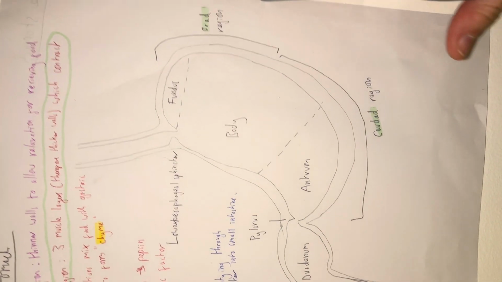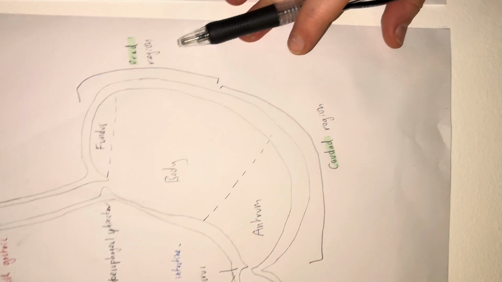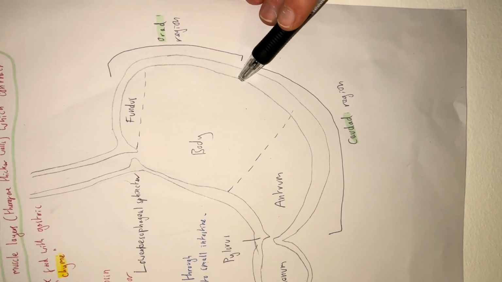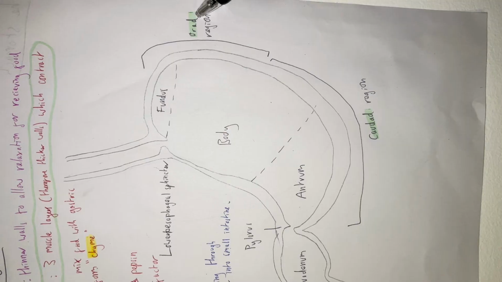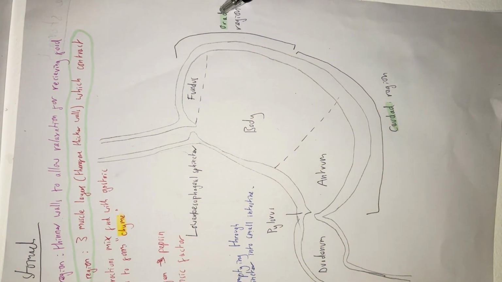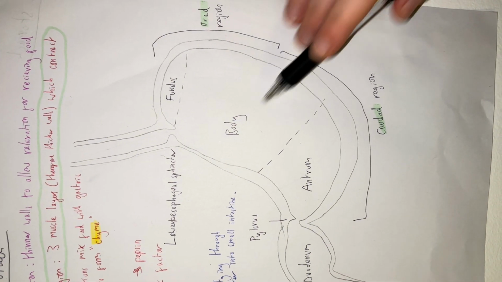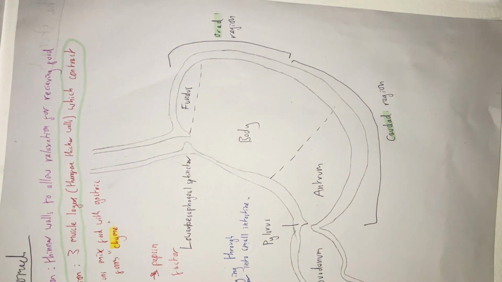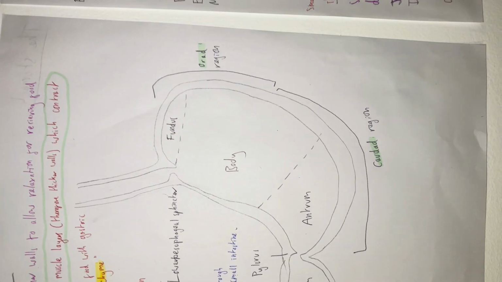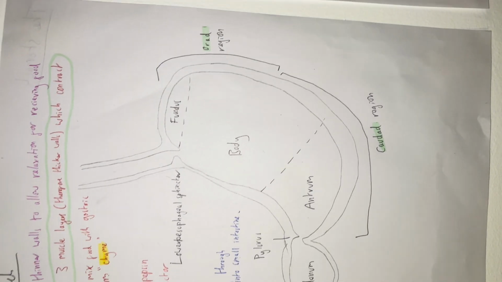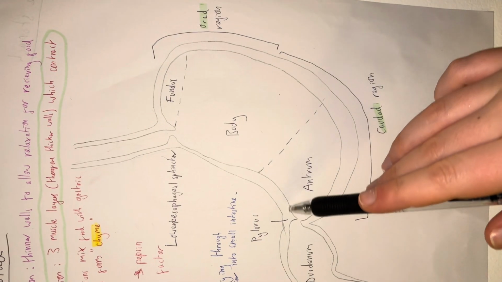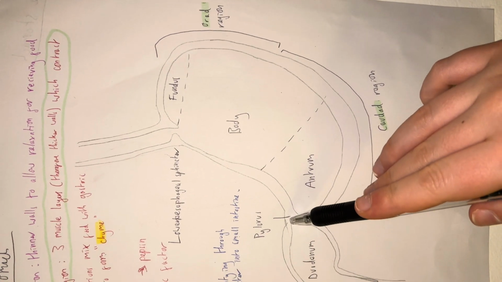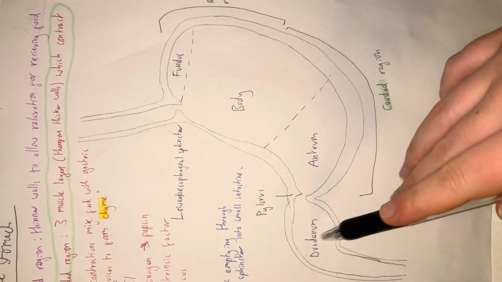Not sure if you can see it very easily in this diagram, but the walls are a lot thicker than the ORAD region. So the caudate is thicker than the ORAD, and that is because it needs to be able to contract. So the caudate region contracts, and this forces food past the pylorus sphincter, and then into the small intestine with the duodenum.